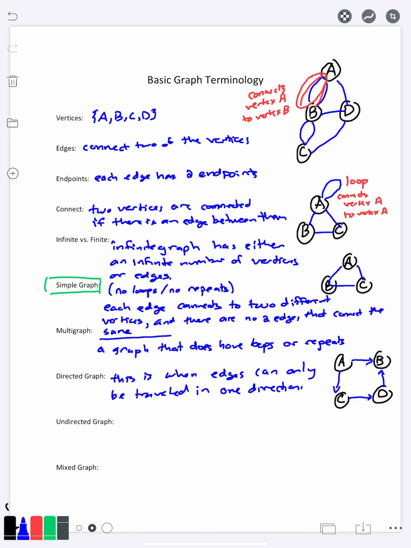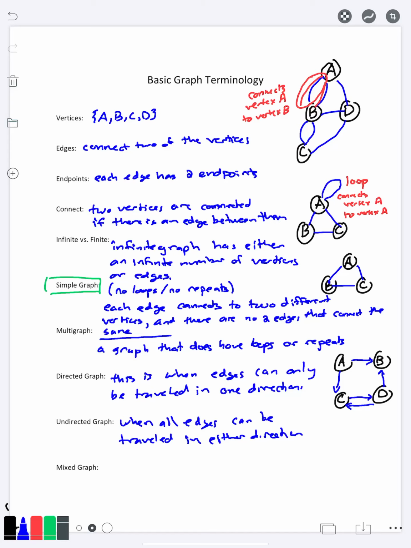Now, if you have a directed graph, it's possible that for some of these you can go in either direction, so we can just draw a separate edge with the reverse arrow that goes back the other way. So it's possible, but the idea is if you are specifying only one direction, then it's going to be a directed graph. On the other hand, an undirected graph is when all edges can be traveled in either direction.